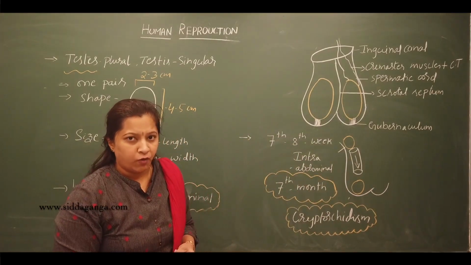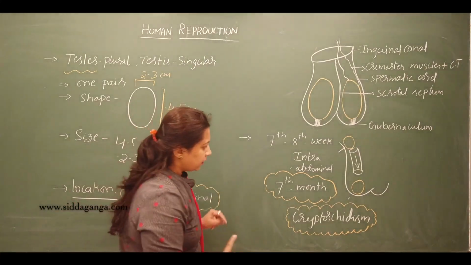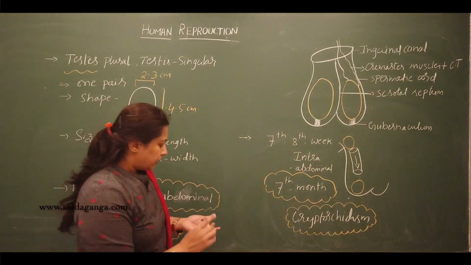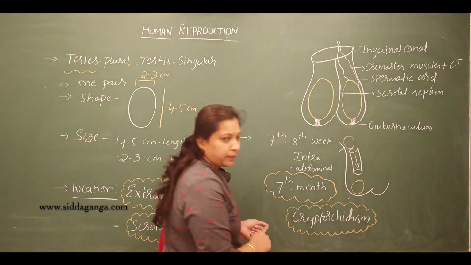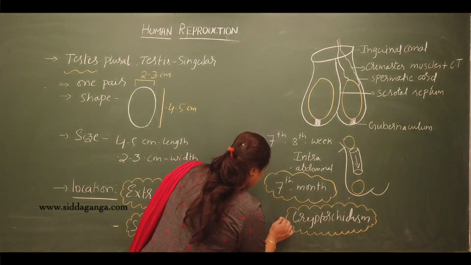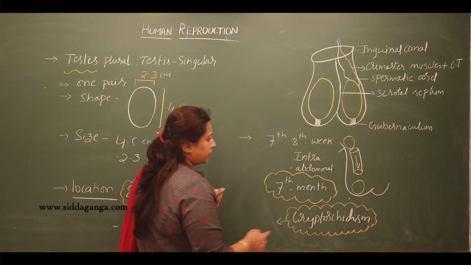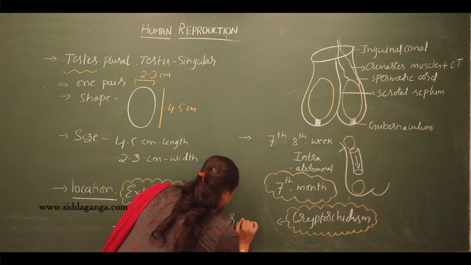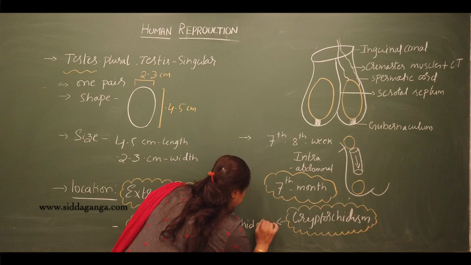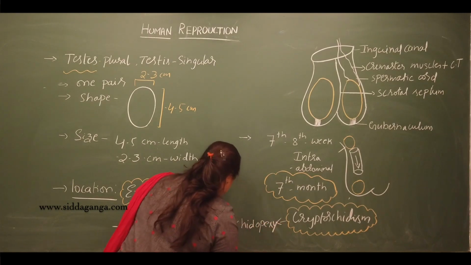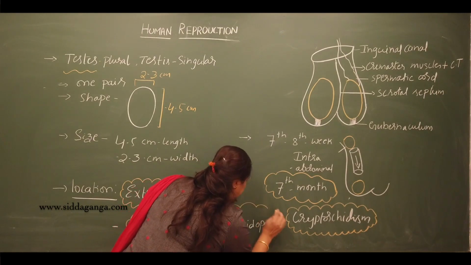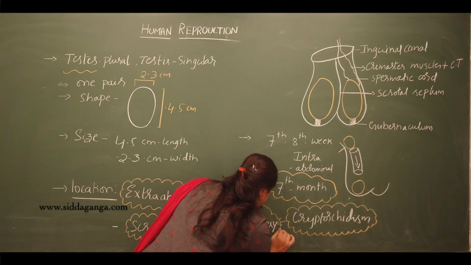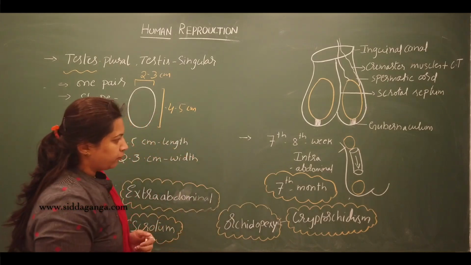So that leads to sterility, and the clinical condition is called cryptorchidism. This can be corrected by surgery. The surgery used to correct the undescended testis is orchidopexy. So we have come to know what cryptorchidism is and what orchidopexy is.